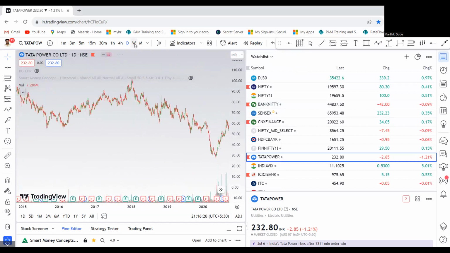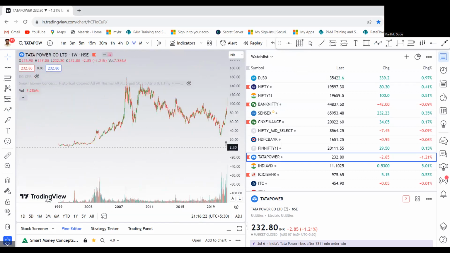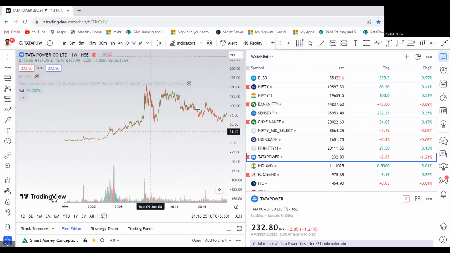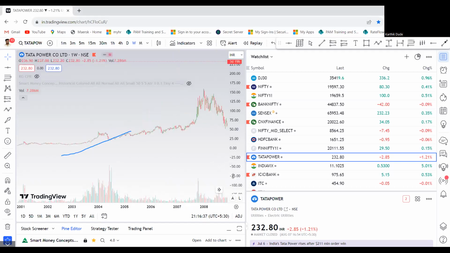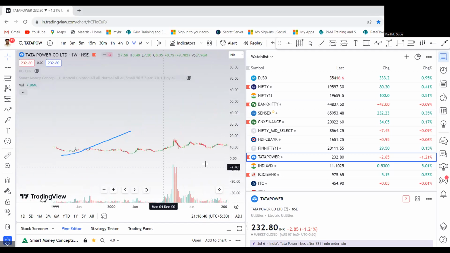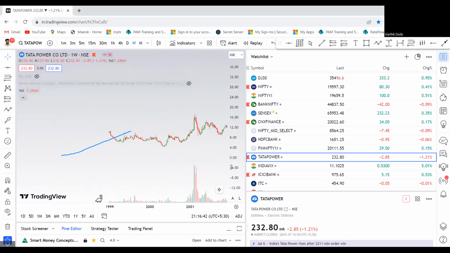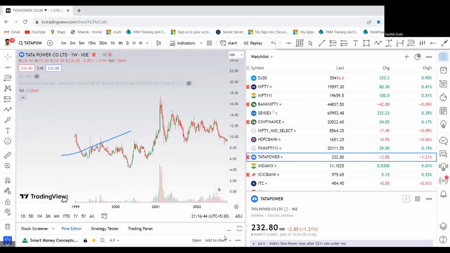See, this is Tata Motors. Let's take the weekly in this case. As I told, price is moving up. When you zoom in, let's take here. Price moves up, then it comes here, then it moves up, then comes here. This we call a consolidation range.